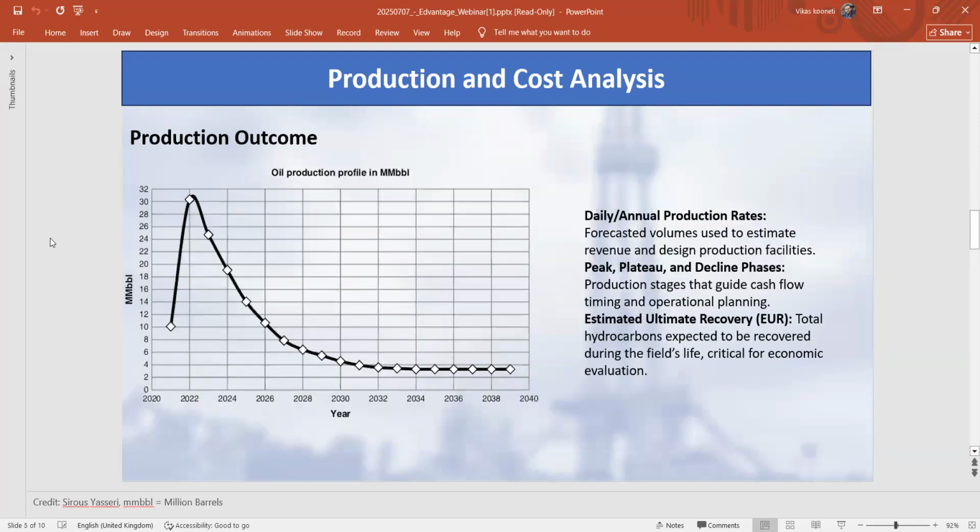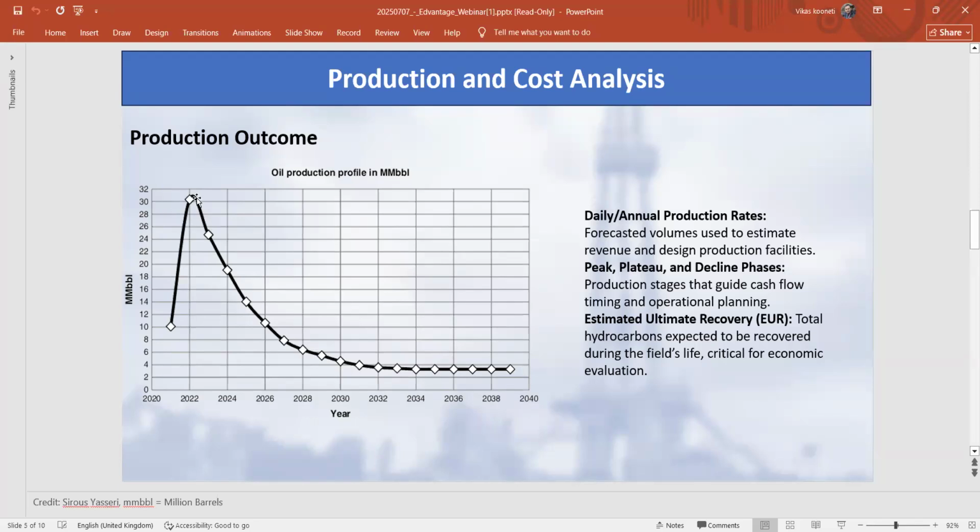Now, let's say it's a new field or a greenfield. Once you start your production, initially your production is a little high, then it goes very high, and it comes to a point called peak production, or the peak production plateau.